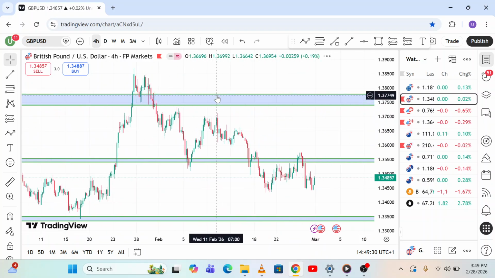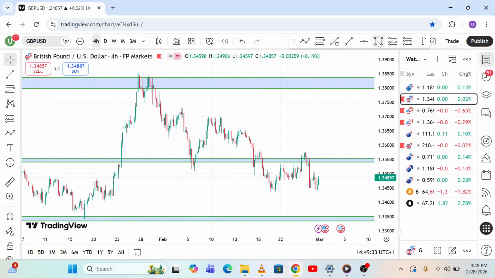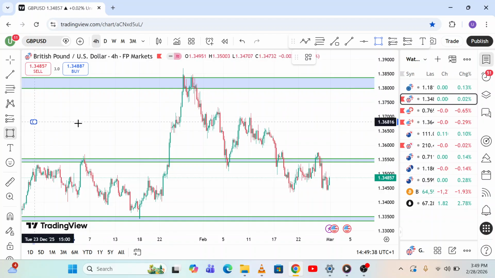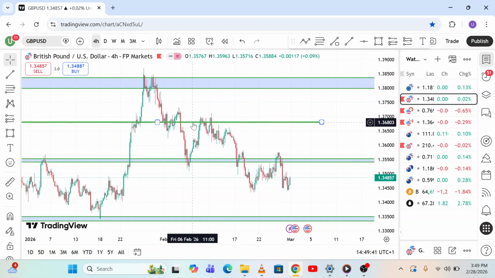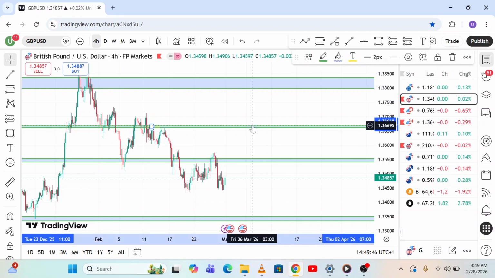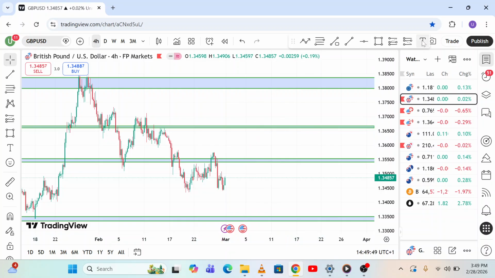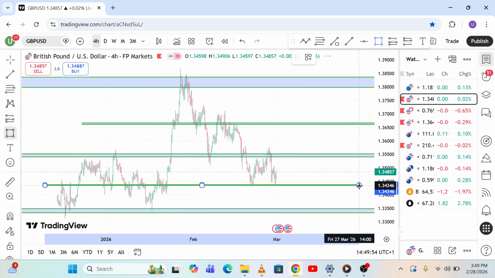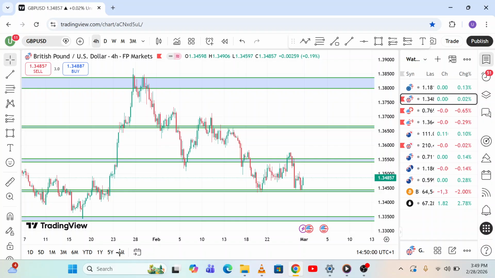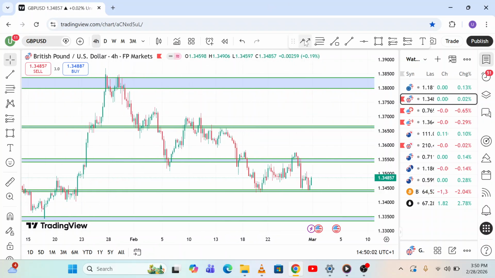Okay, cool. As you can see, we are a little bit in a downward trend. We have been seeing this break of structure, but remember, it's like a pullback phase in the higher time frame.